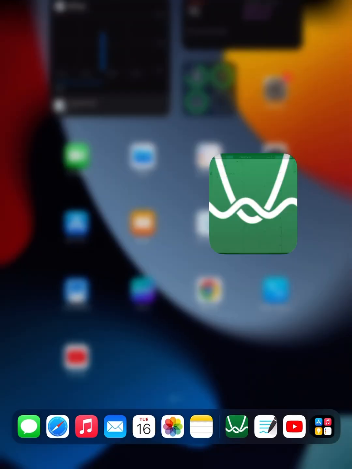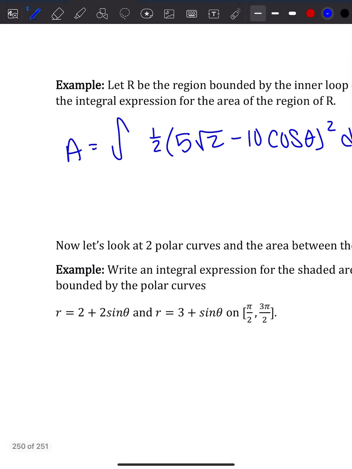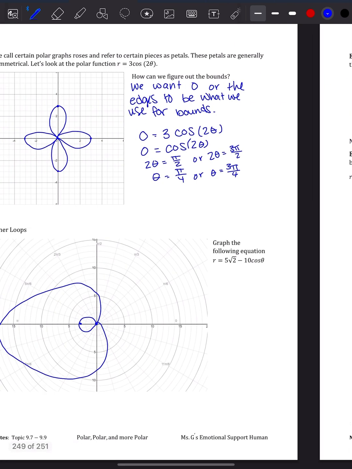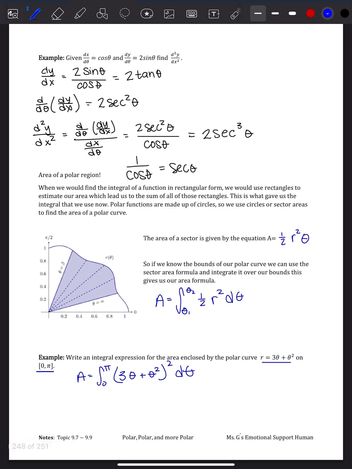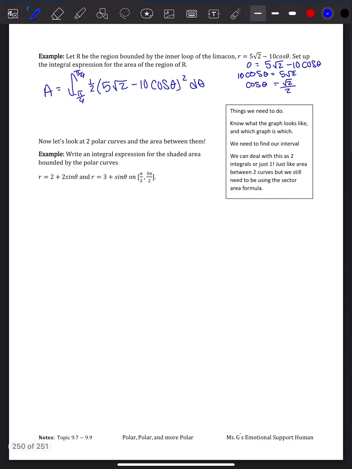So that pi over 4 we want on both sides. So our interval is going to be negative pi over 4 to pi over 4. And then just double checking one thing, totally forgot the 1/2. So 1/2 times that integral. The worst part about polar functions and integrals with polar is finding those bounds.